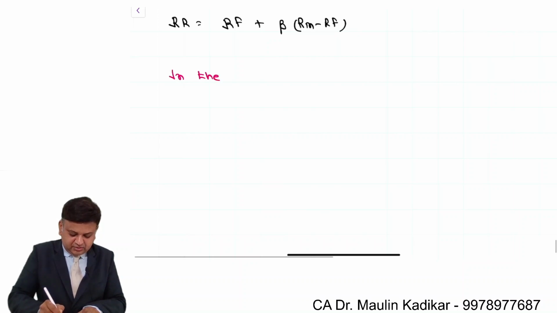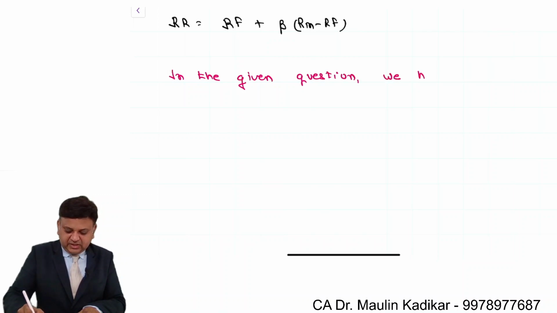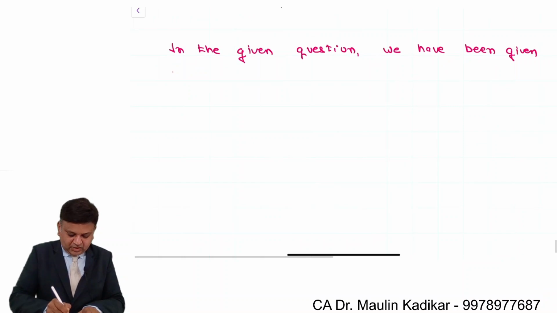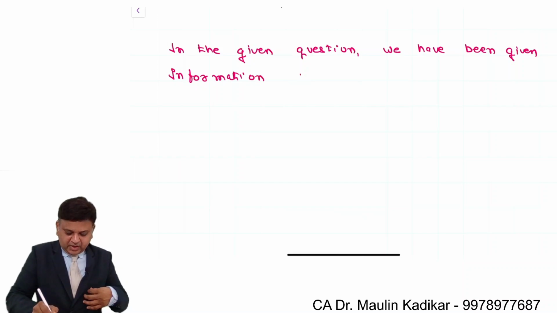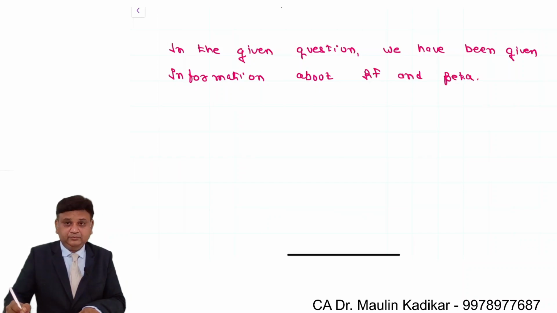In the given question, comma, we have been given information about RF and beta. Full stop.